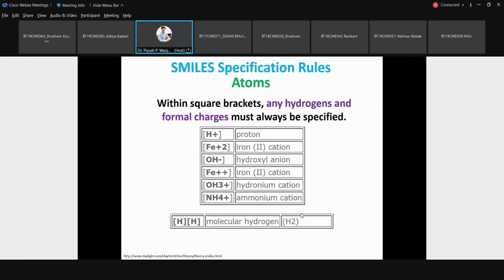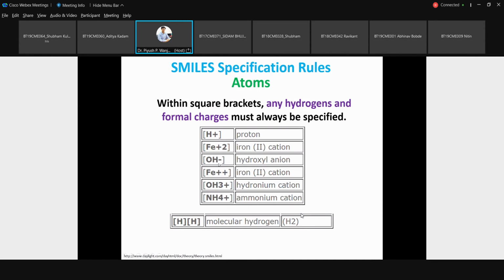If you want to represent any of these molecules, and also some ionic structures, in the square brackets you can explicitly mention the charges. For example, for a proton you can write H plus, for the hydroxyl ion you can write OH minus.